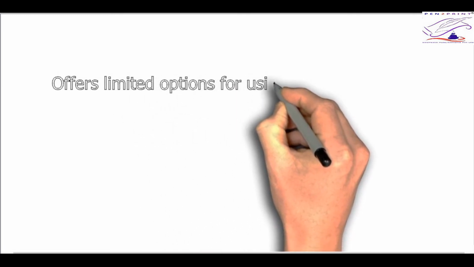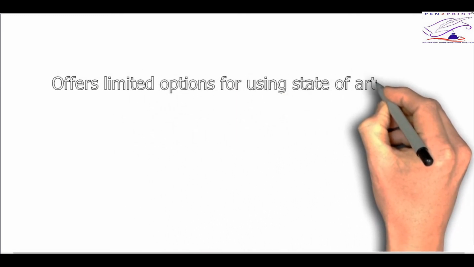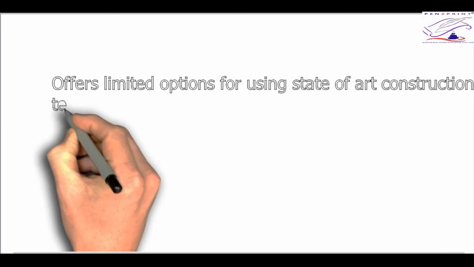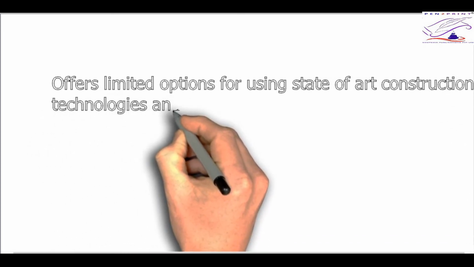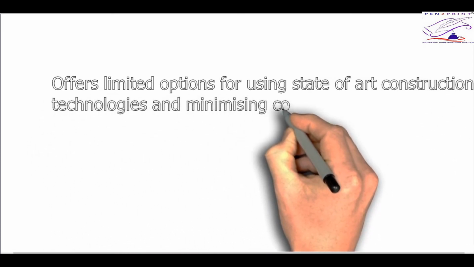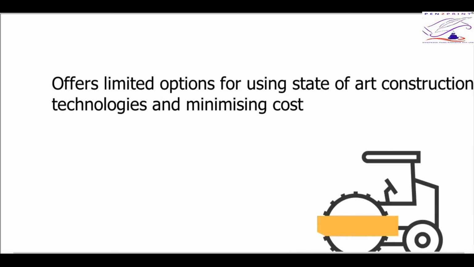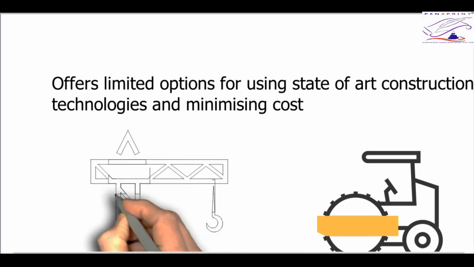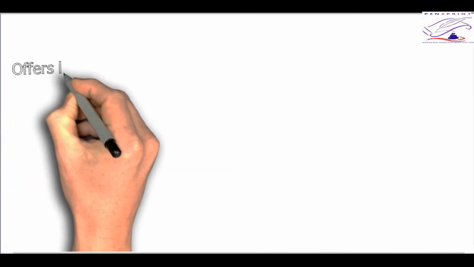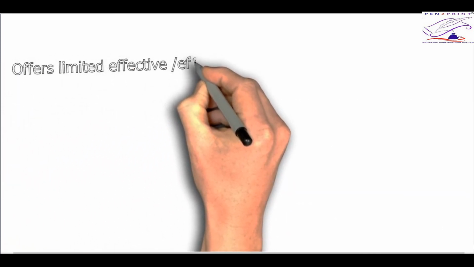This form of development offers limited options for using state-of-the-art construction technologies for better utilization of the resources. So mostly they will not be able to use very good construction techniques.